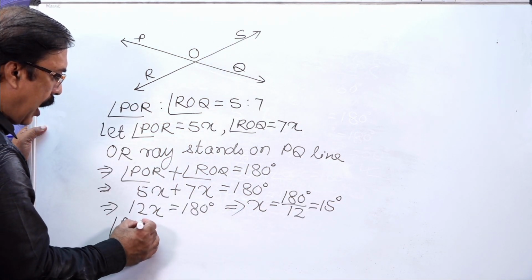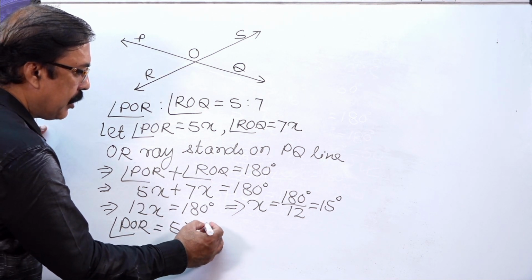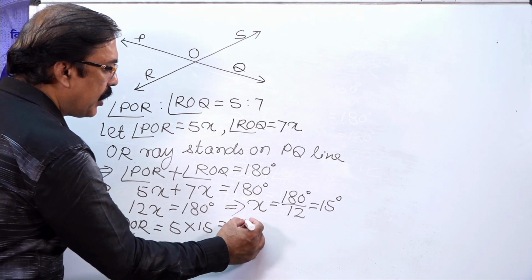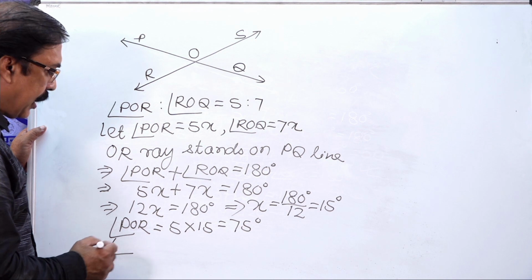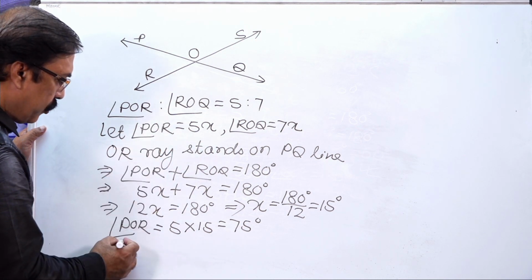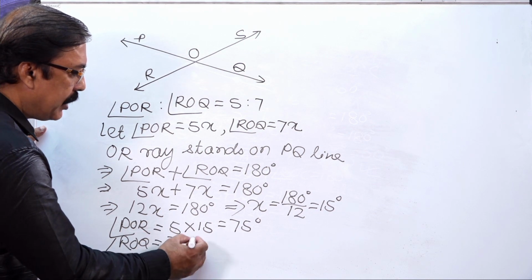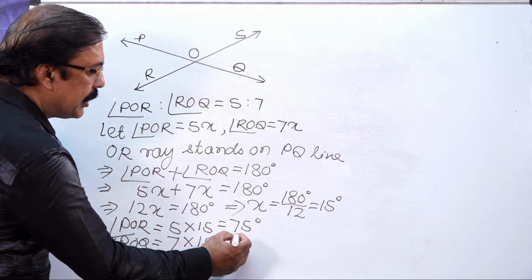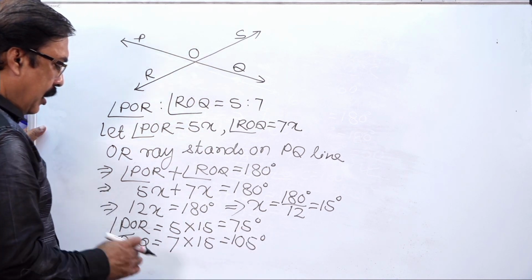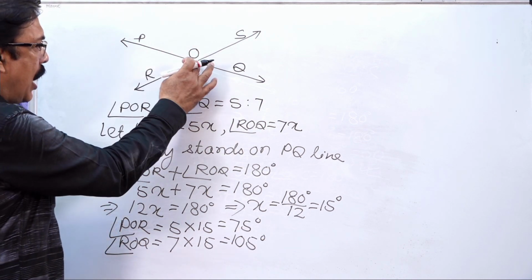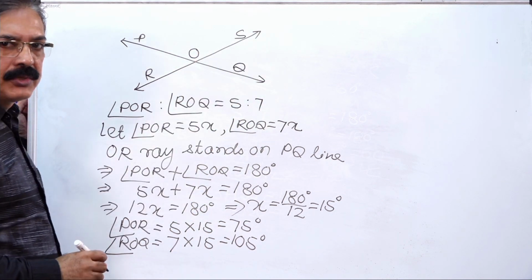If the value of x is 15 degrees, then what is POR? Angle POR is equal to 5 into 15, that is 75 degrees. And angle ROQ is equal to 7 into 15, that is 105 degrees. Now POR and SOQ are vertically opposite.